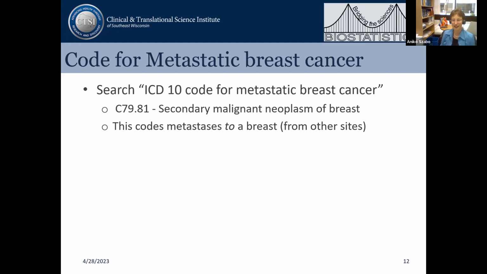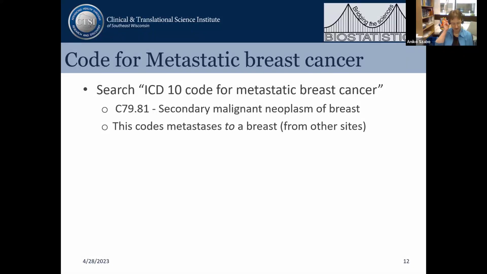This means that the metastasis is in the breast. So it could be a cancer of another site, potentially the other breast in the case of breast cancers, that causes the new metastasis, depending on the site. So this is not what we are thinking about when we want metastatic breast cancer. We want a primary breast cancer that has metastasized.